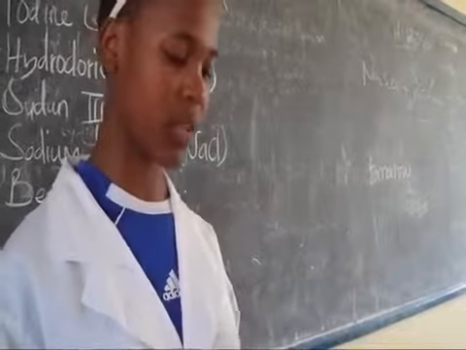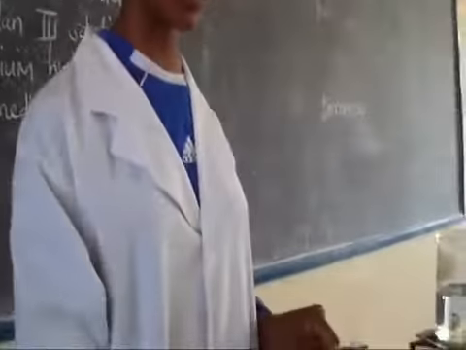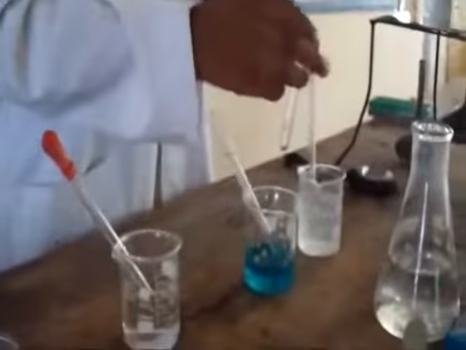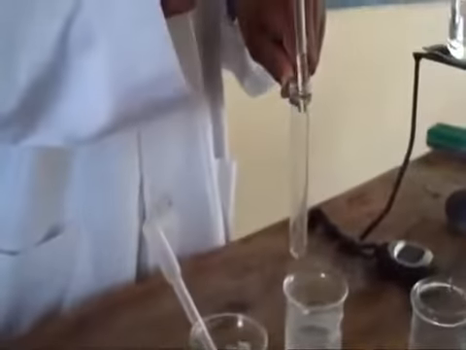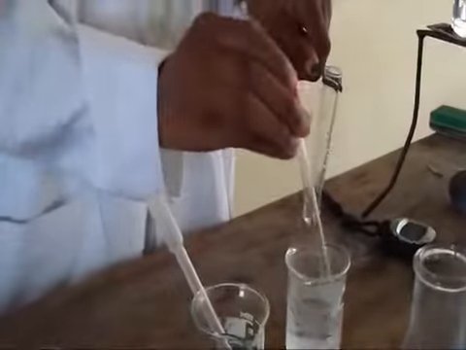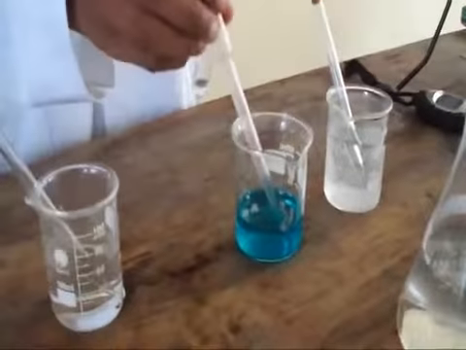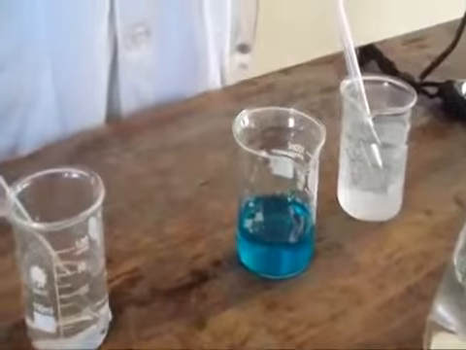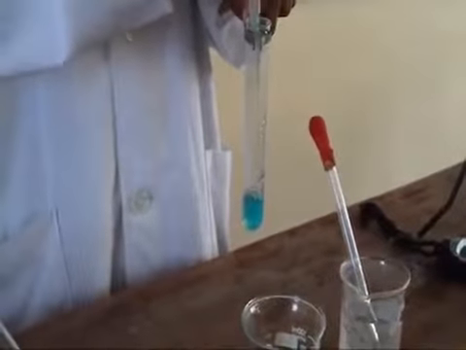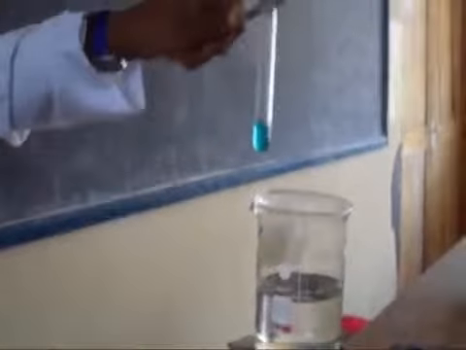Let's test for the presence of reducing sugar in this food sample H. We take 2 cc of the food sample. Then we add the same amount of Benedict solution to the food sample. Then you have to heat and observe the color change.